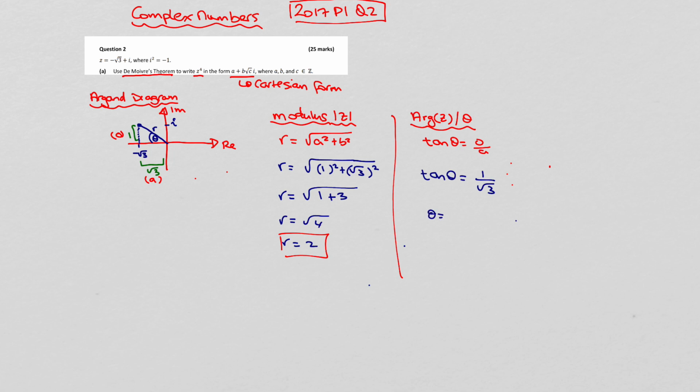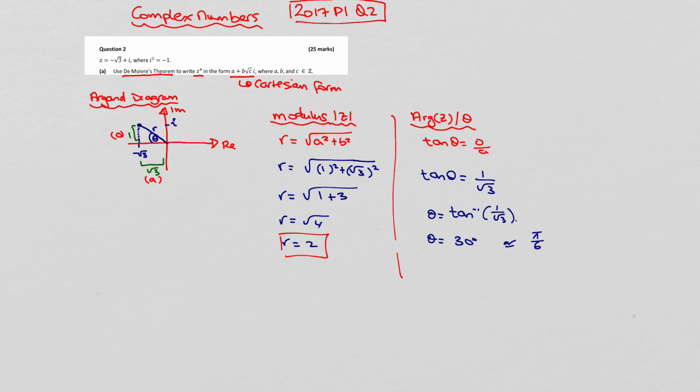That gives me tan inverse of 1 over root 3, which is, of course, 30 degrees. So, of course, we're deciding what way to write it in polar form. Are you going to work with degrees or radians? If you're working with degrees, it's 30. And if you're working with radians, it's pi over 6.